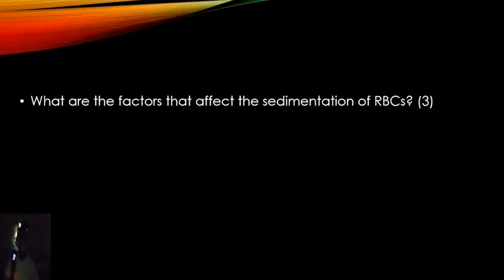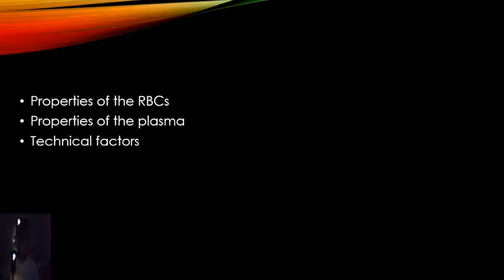Alright? So, factors that affect sedimentation rate. Please don't forget this. This might be asked in your board exam. Properties of the RBC, properties of plasma, and technical factors. What do you mean by properties of RBCs? Basically, the structure of RBCs is important in determining the speed at which your cells will pack.